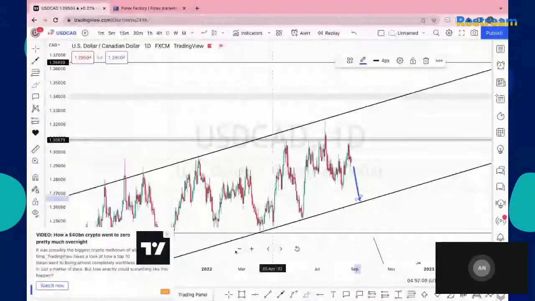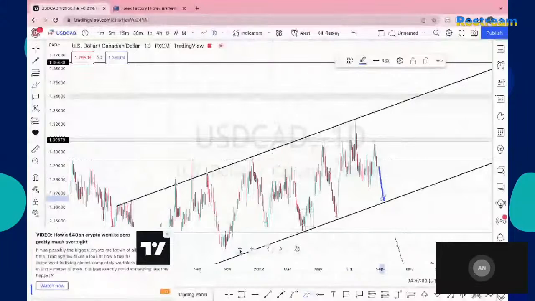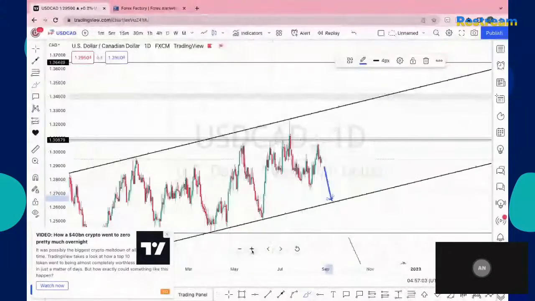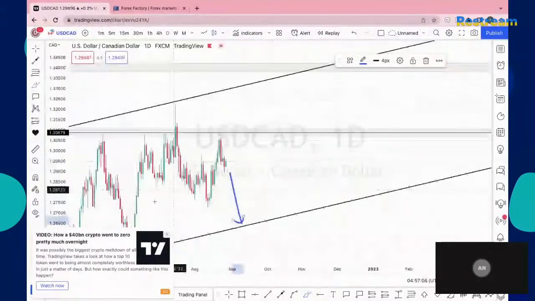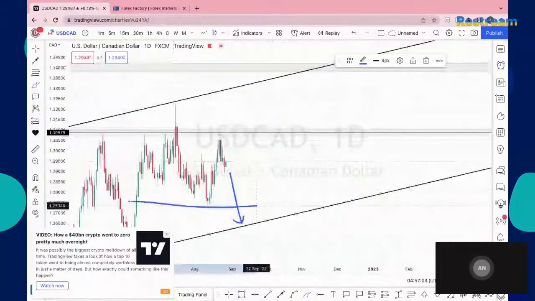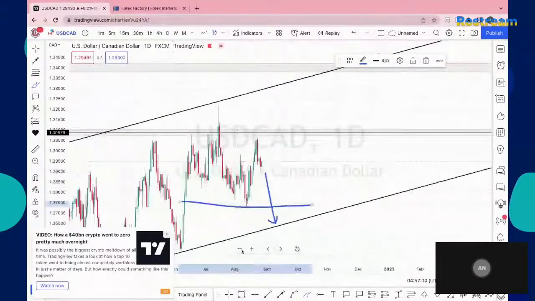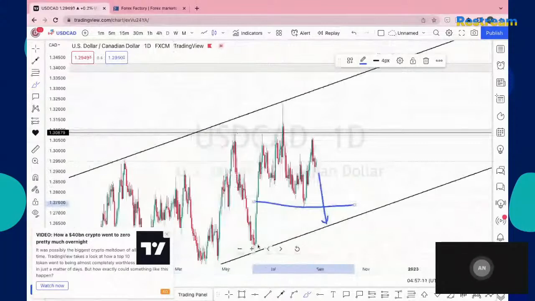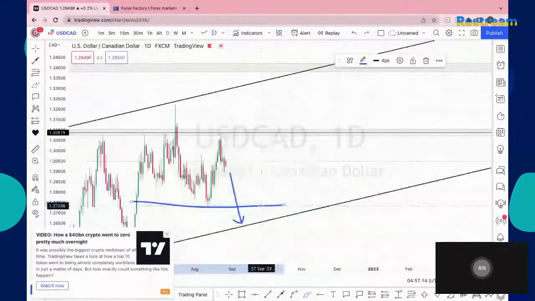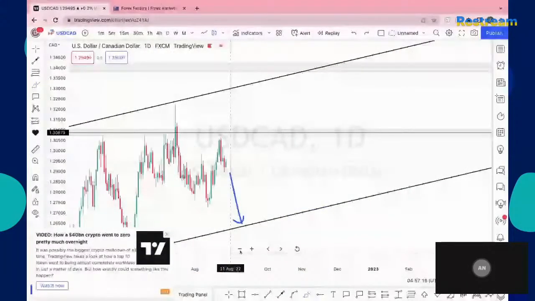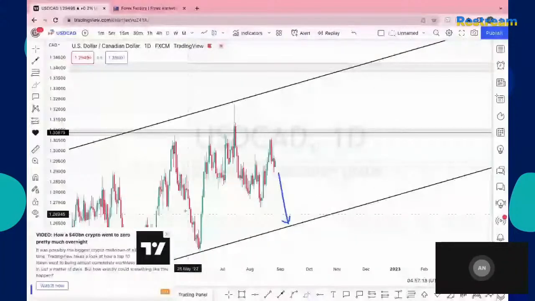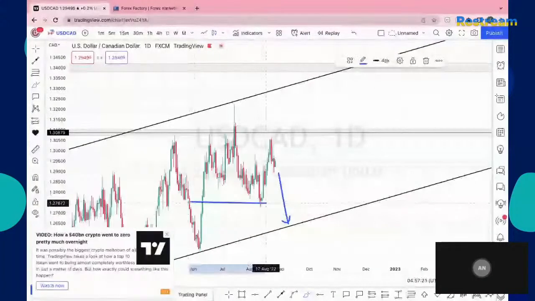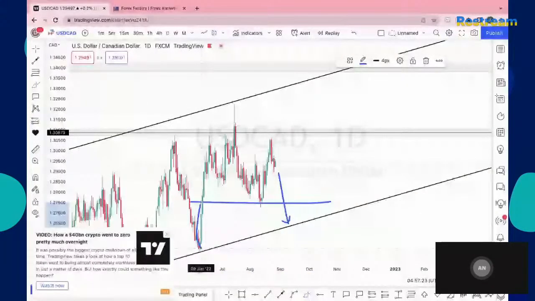The reason I say that is because after we break this zone here, after we break below here, there are some pretty nice clean candles to the left.